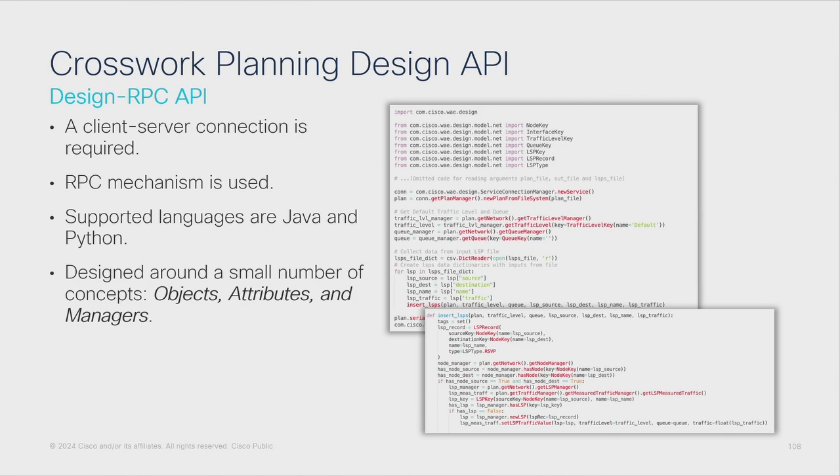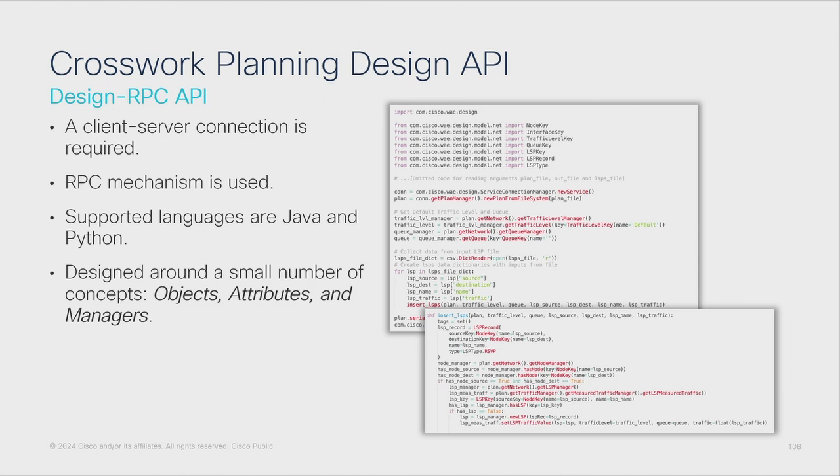What we need to do is create an LSP record for every new LSP that we will insert. This LSP record is a class structure, and it is composed of all the attributes that belong to the LSP object. At some point, we will need to access the LSP object, and we do so by calling the LSP manager.